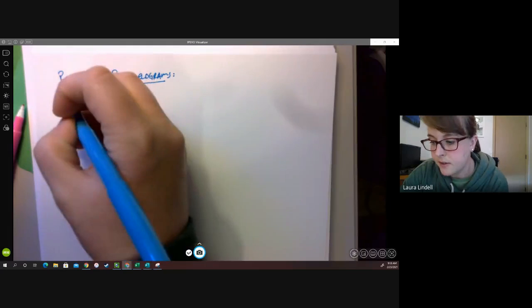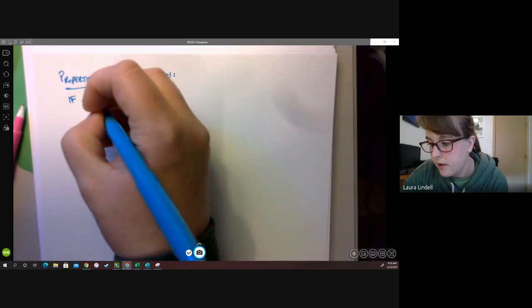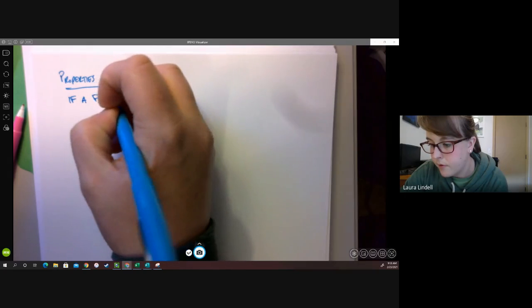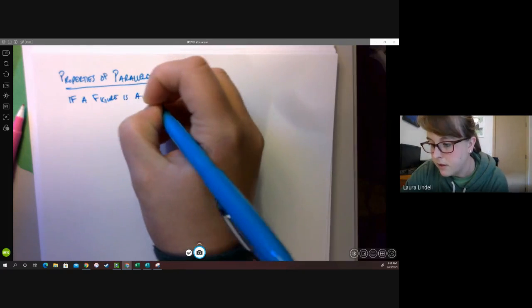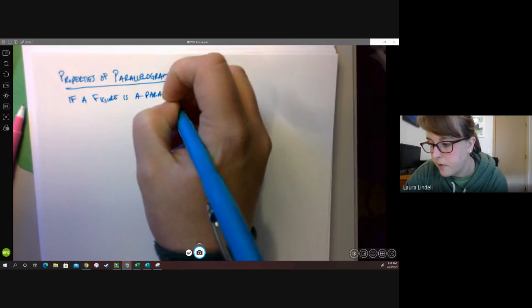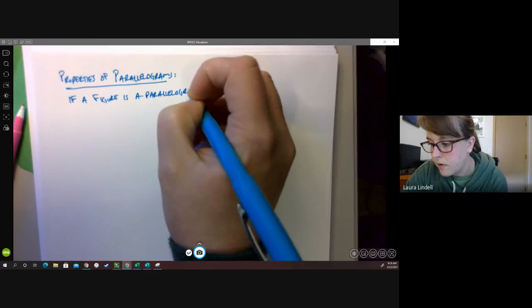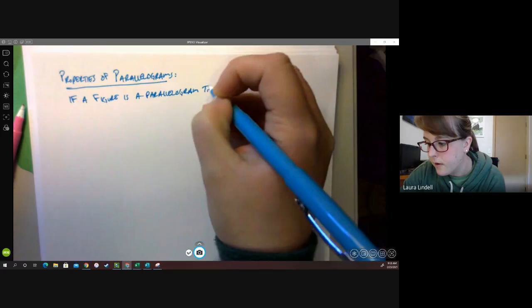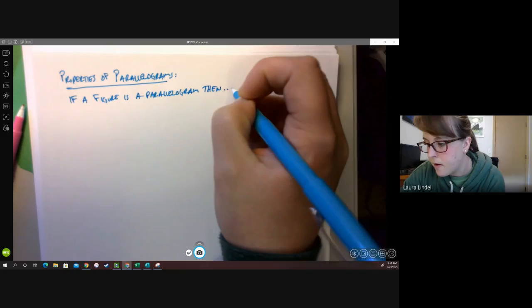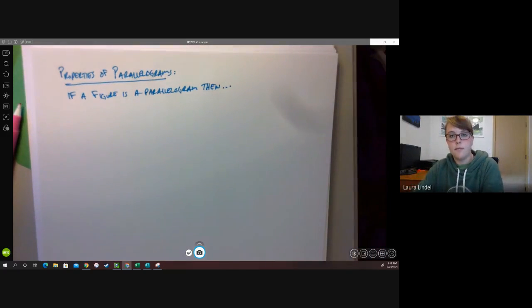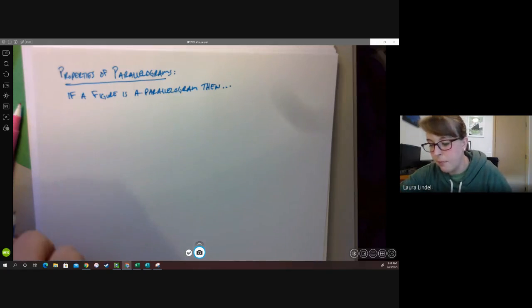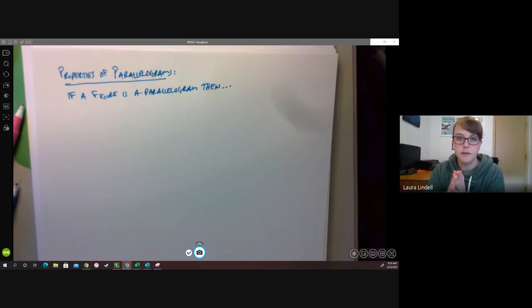So we're going to start our sentence with: if a figure is a parallelogram, then there's going to be 4 properties we're going to look at here. 4, kind of 5, because one of the properties will have a little bit of an addendum to it.